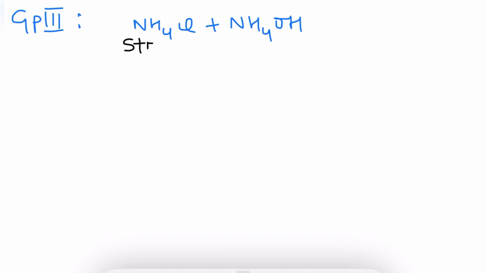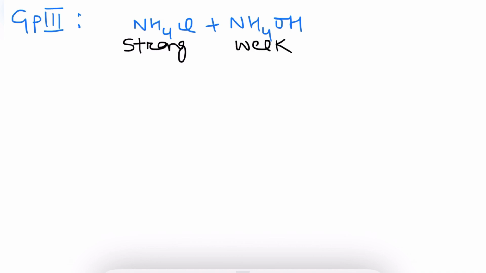Let's discuss group 3, where we have the group reagent NH4Cl and NH4OH. NH4Cl is a strong electrolyte, and NH4OH is a weak electrolyte.